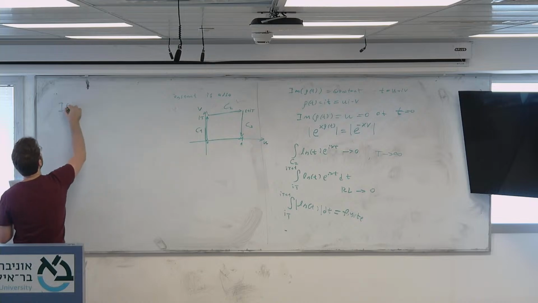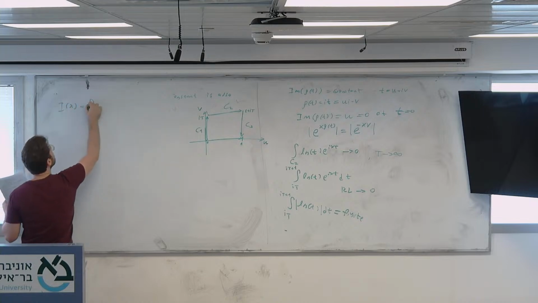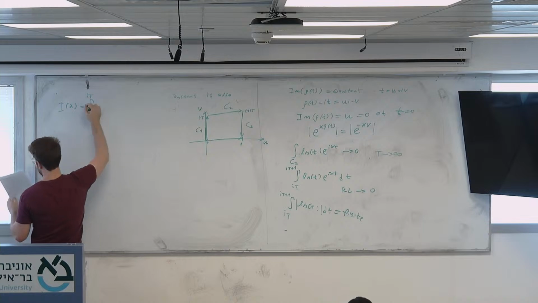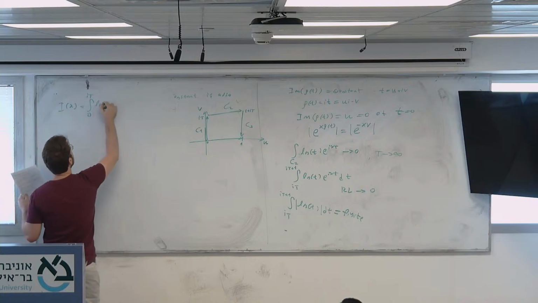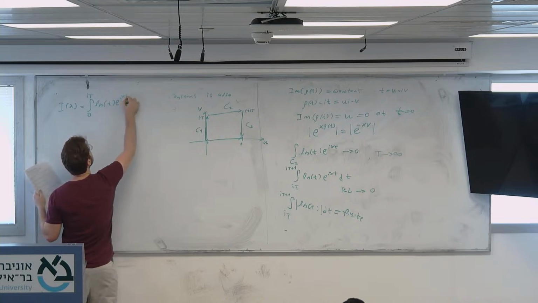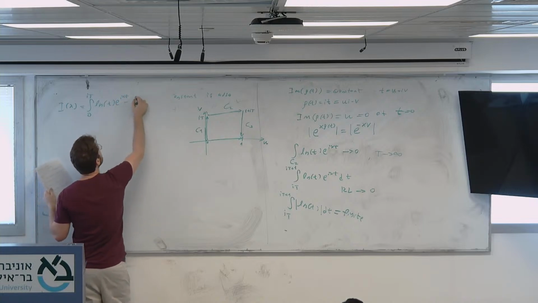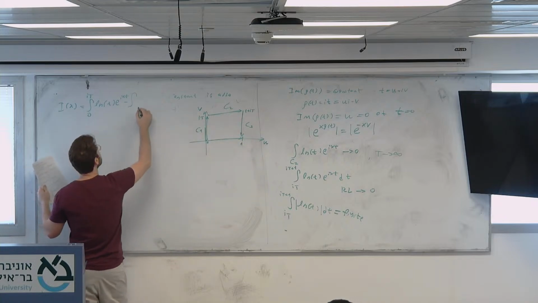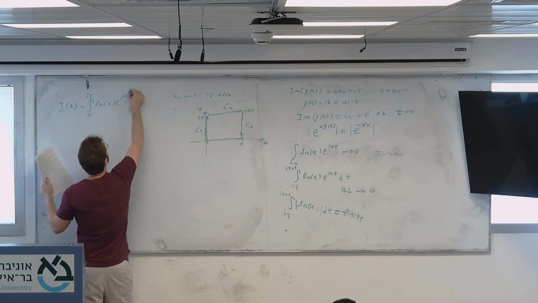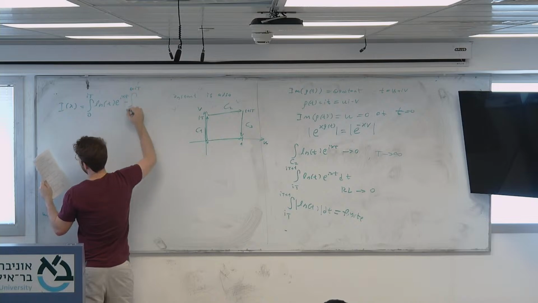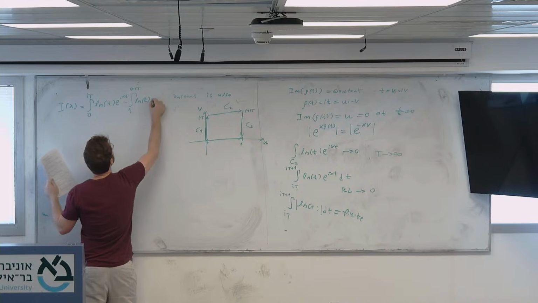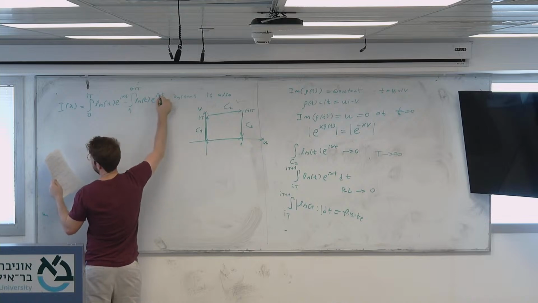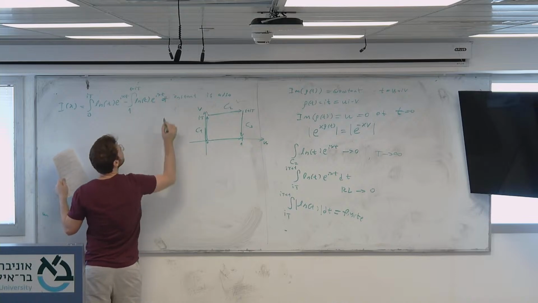So we have I of x, which is now the integral from 0 to i infinity of ln of t e to the ixt, minus, because it goes down now, right? Down means it's a minus, the integral of 1 plus it, ln of t e to the ixt dt, okay?